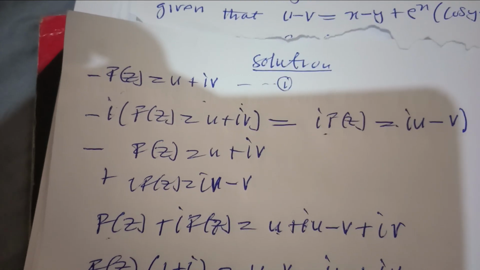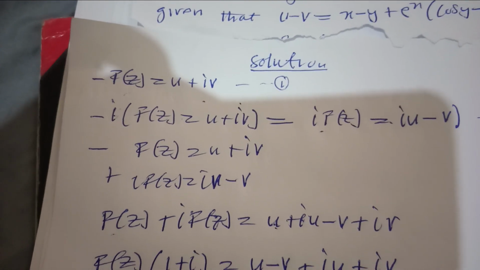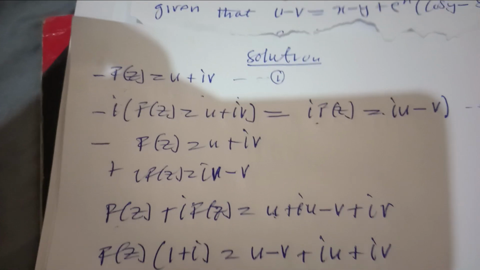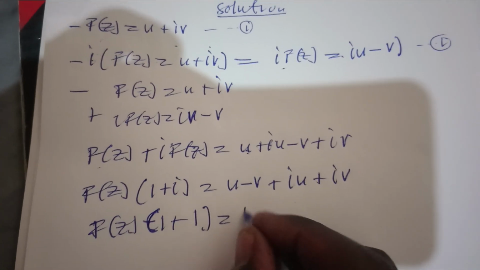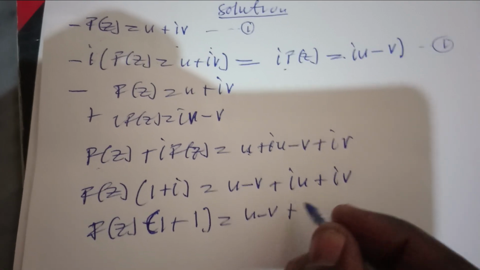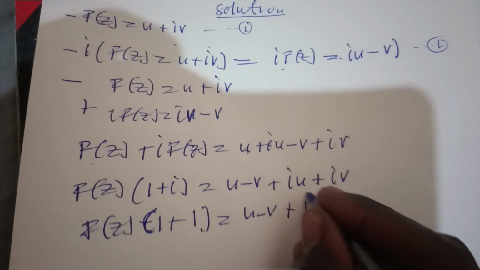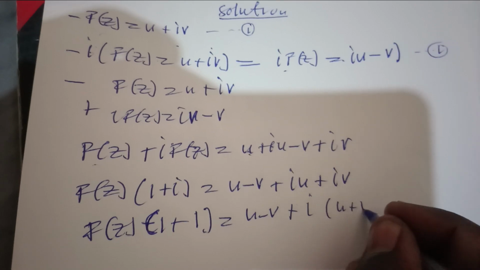So we have f(z) open bracket 1 plus i is equal to u minus v plus, we factorize i, so we have u plus v.